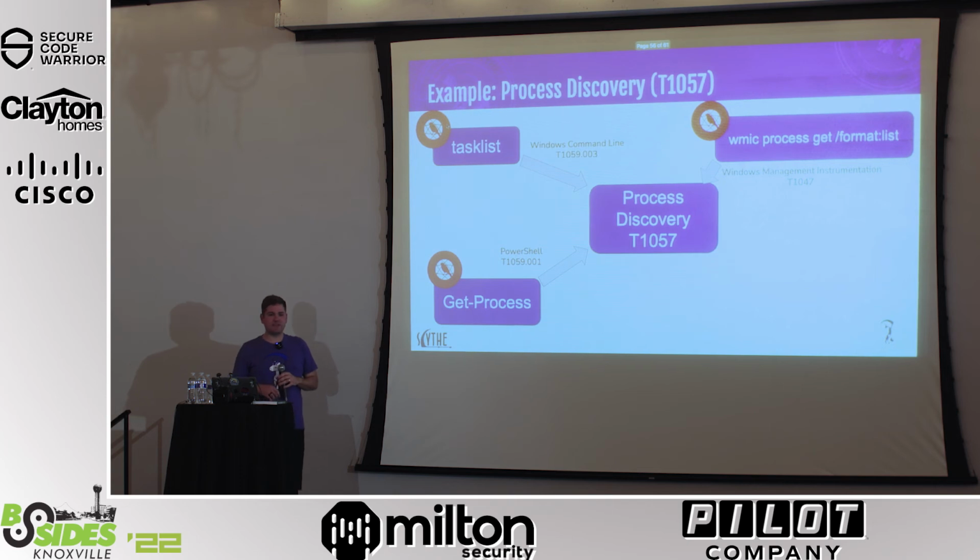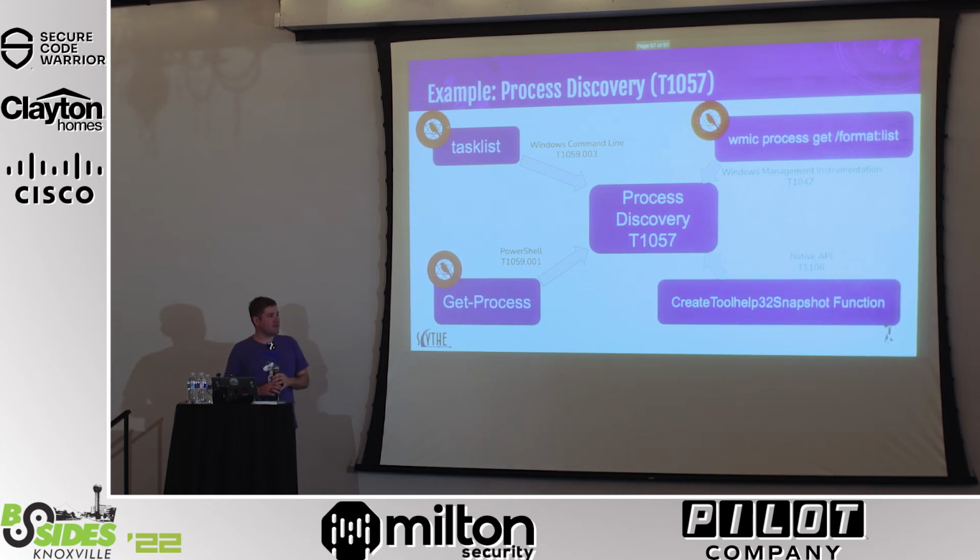Now there are Atomic Red Team tests for all 3 of these, and that's great because you can use either the command line or PowerShell in order to execute them. However, there's another way, and that is the Windows API. API calls are something that are not well detected right now. Most EDRs actually fail to detect these types of things. That's got some history behind it.